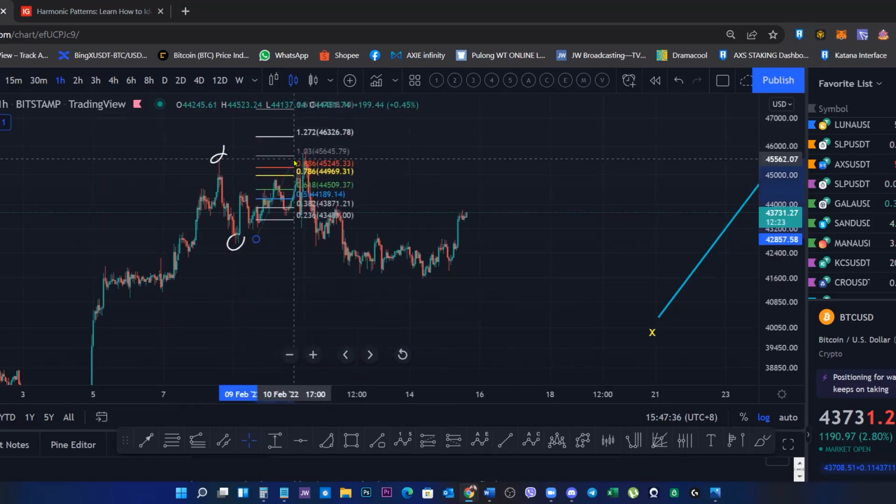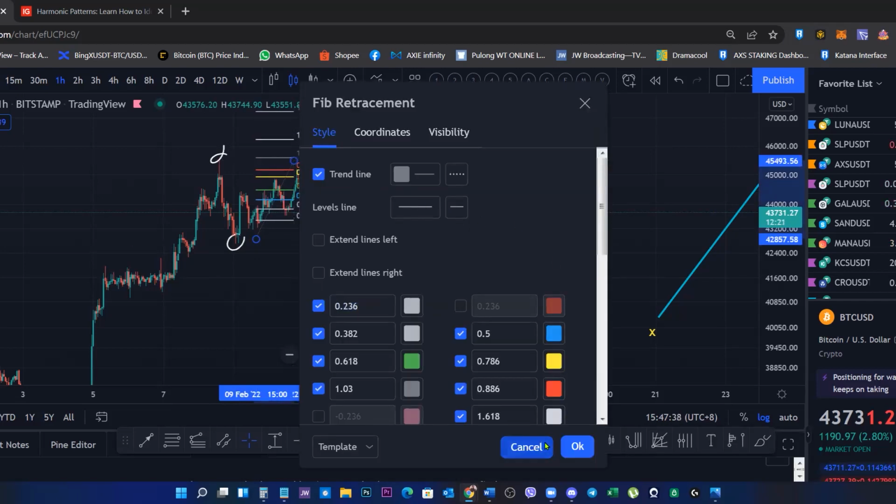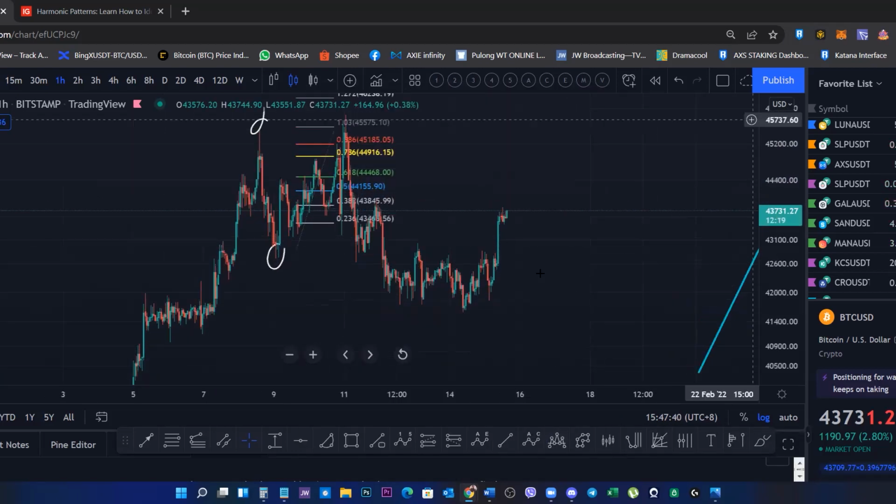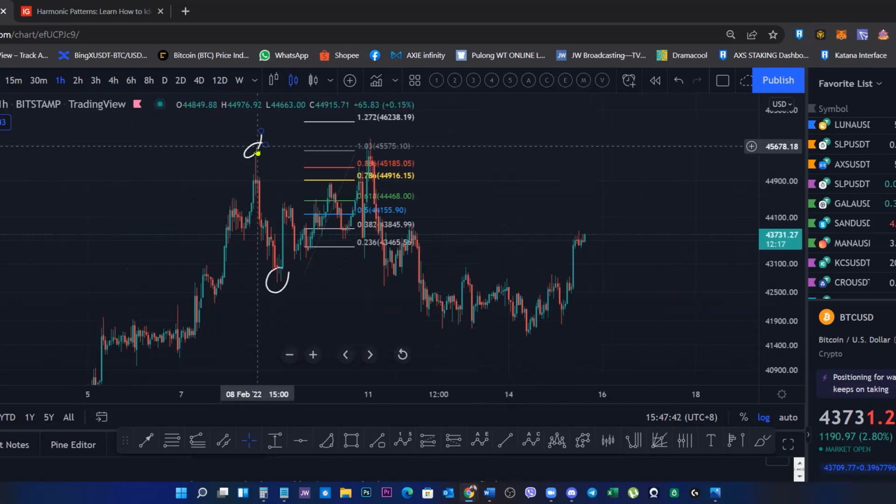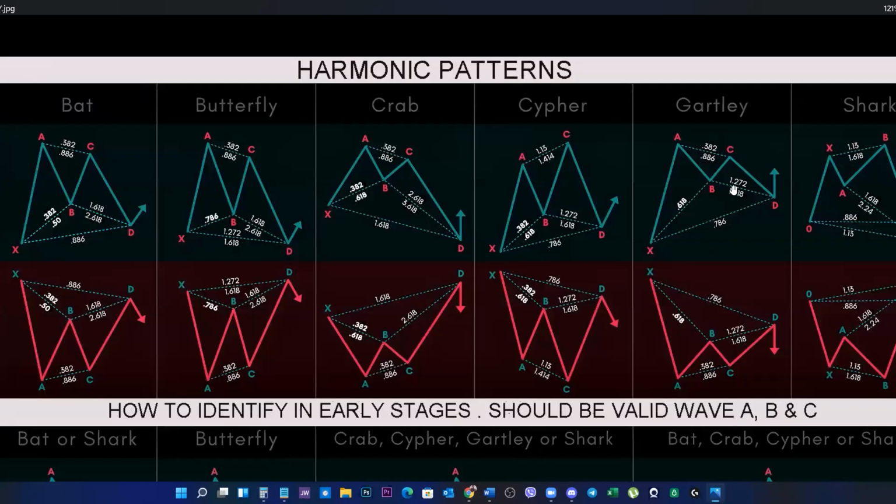Okay, so this is the retracement of point A and B. So this is A and B. This is 0.786. So I will just look on the chart. Okay, so this is between 0.382 and 0.886. And this is the possible one, as you can see, or the Cypher one.